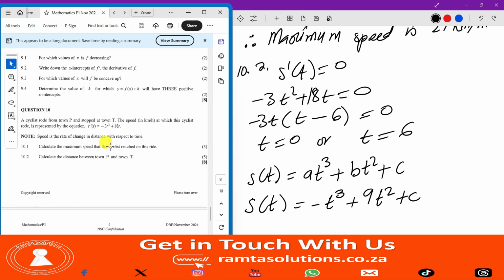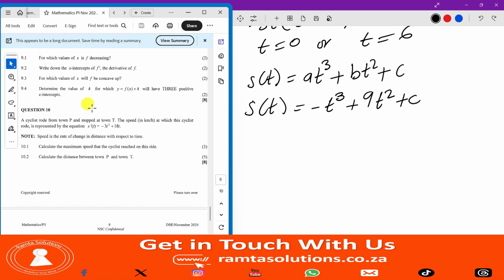This must have been the distance equation. Remember guys, if you differentiate this, s prime of t, you will get negative 3t squared plus 18t, and this constant becomes 0, which is what you had here. All right, good.